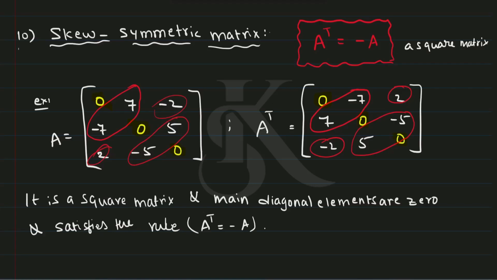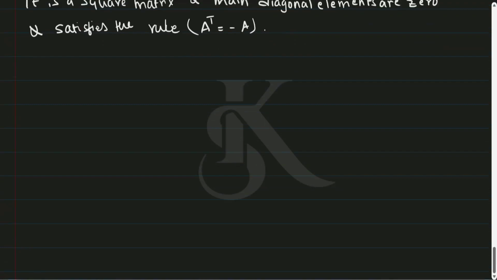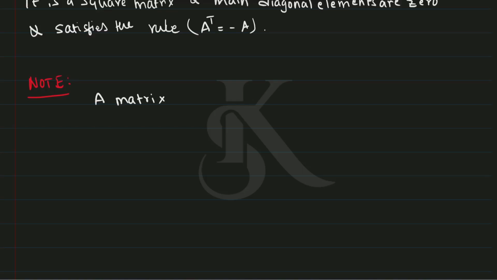And make a note. A matrix can be expressed uniquely as a sum of a symmetric matrix and a skew symmetric matrix.